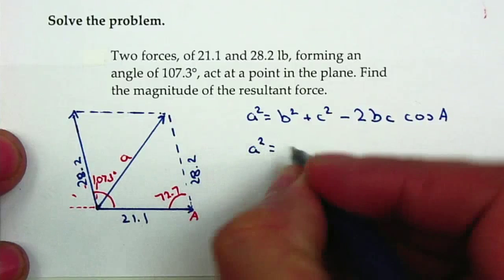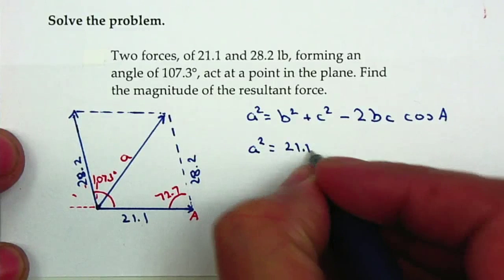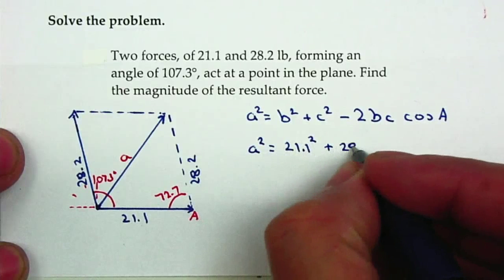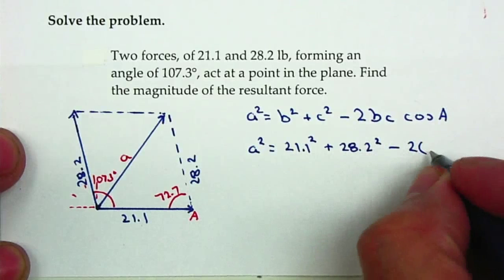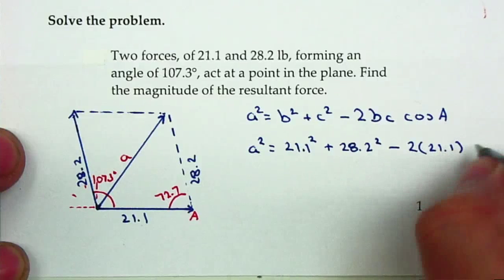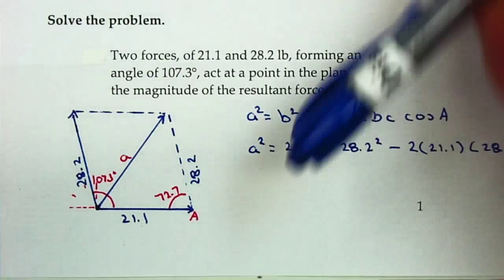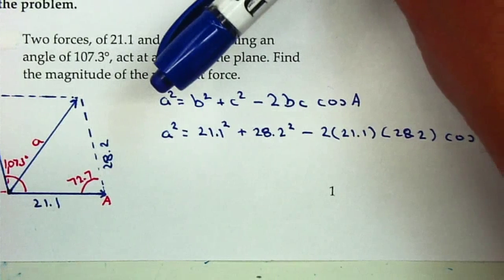B will be either one of those two, so I'll place it as 21.1 squared plus C squared, which will be 28.2 squared, minus 2 times B, which is 21.1, times C, which is 28.2, times the cosine of A, which is 72.7.